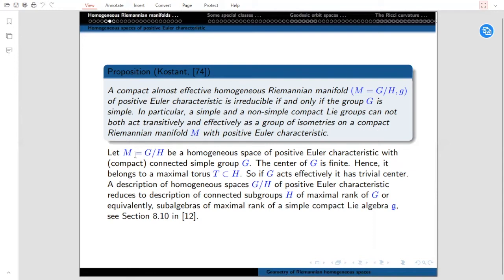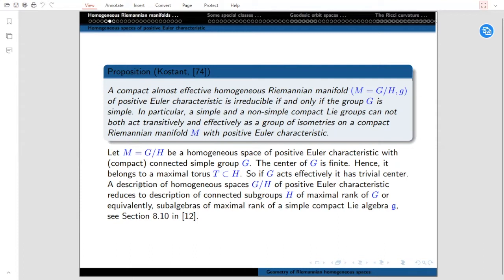Okay, let M = G/H be a homogeneous space of positive Euler characteristic with a compact connected simple group G. The center of G is finite. Hence, it belongs to the maximal torus T in H. So, if G acts effectively, it has trivial center.